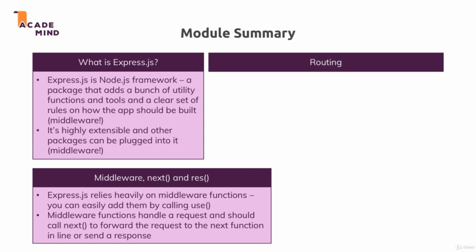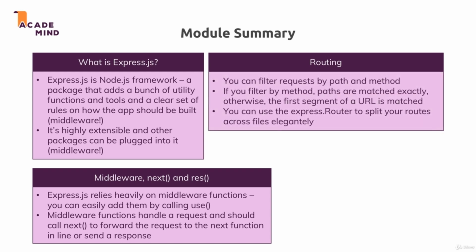so depending on the path and method you're sending. You learned that you can filter requests by path and method easily with app use by adding a path, or app get, app post. And that if you filter by method, like if you had app get, that the paths would then be matched exactly.